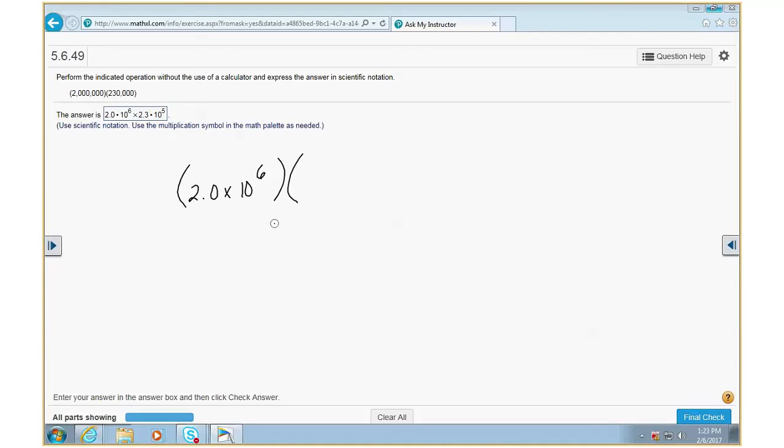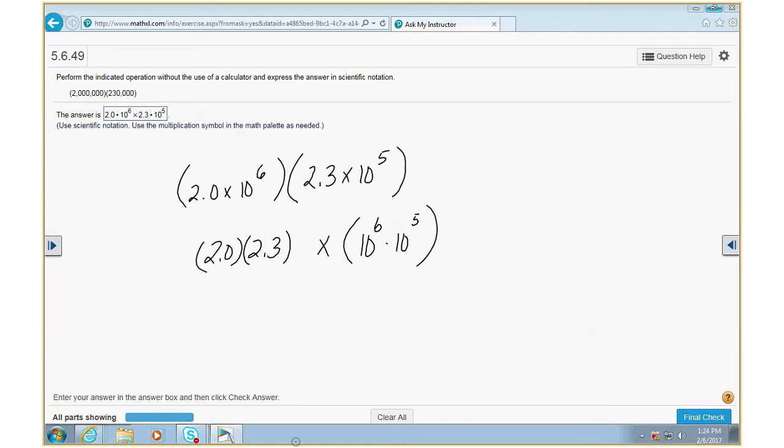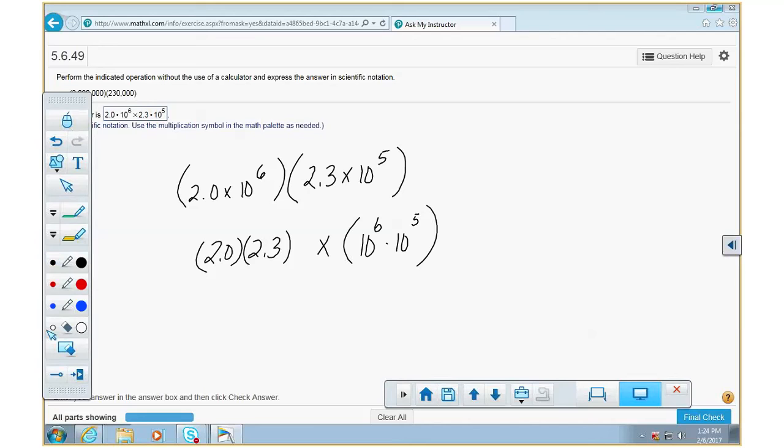And the second one is 2.3 times 10 to the 5th power. So 2.0 times 2.3 times 10 to the 6th times 10 to the 5th. Now, of course, you shouldn't have to. 2 times 2.3 is 4.6.